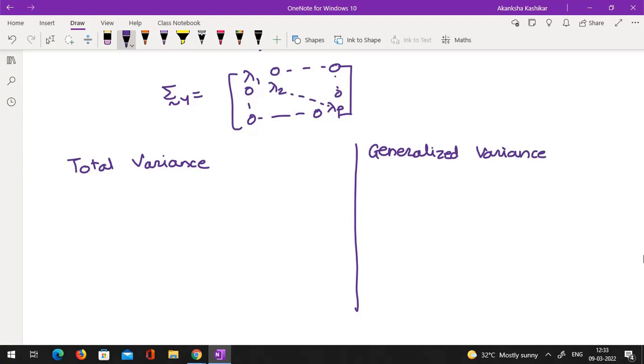So what is total variance? Let me ask you a question. Given any matrix, I want you to represent that matrix by a single number. What are your options?